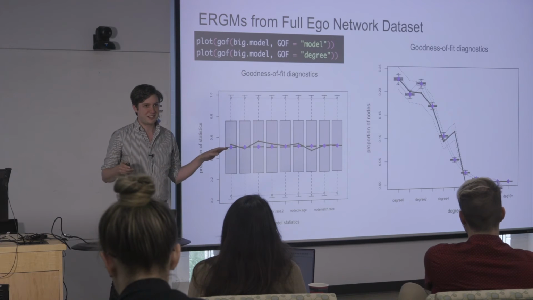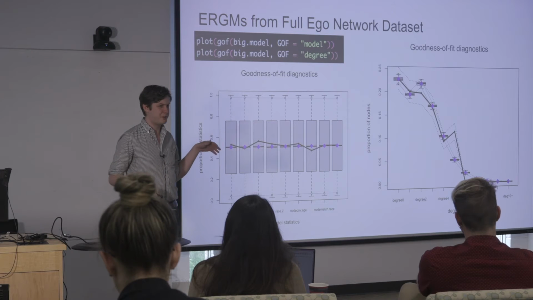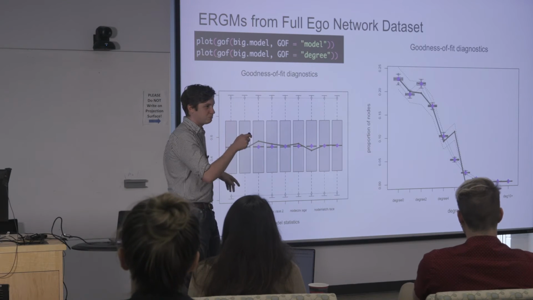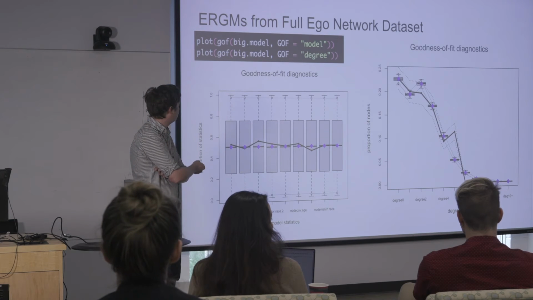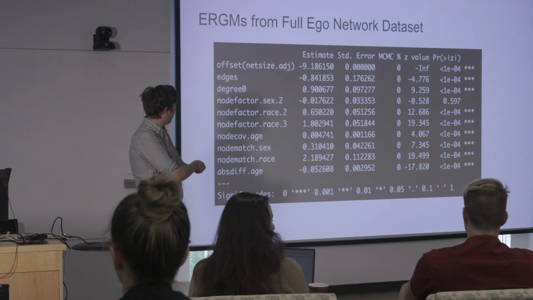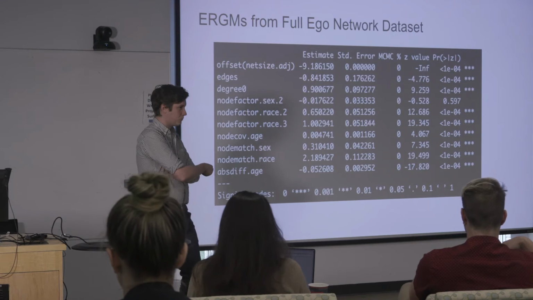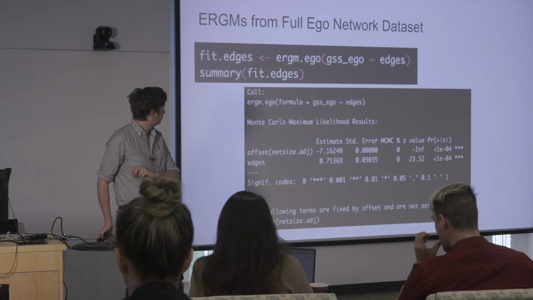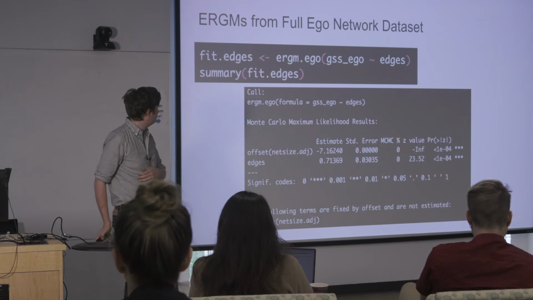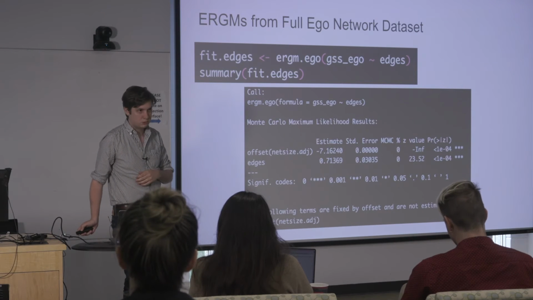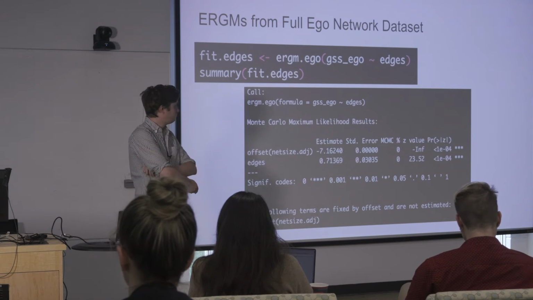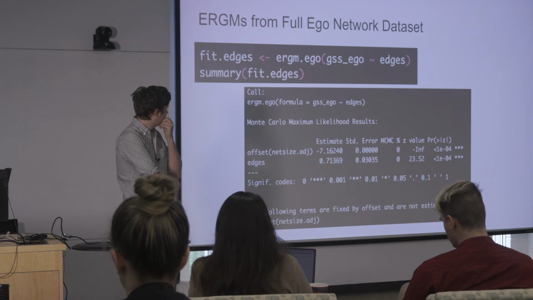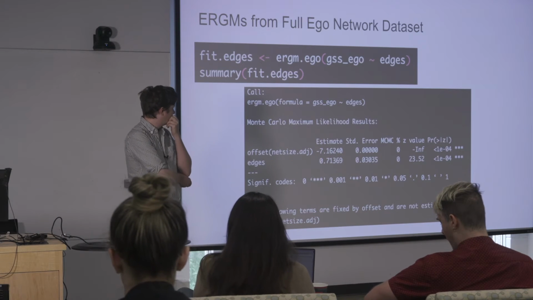So any questions on fitting ERGMs from egocentric data? Yeah, actually, this goes back to the ego package. I've tried to use it before, but let's just say hypothetically, someone collects data and they don't add alter ties. When I tried to put it into the package, it was like, no, you can do either your alter ties or else that's it.